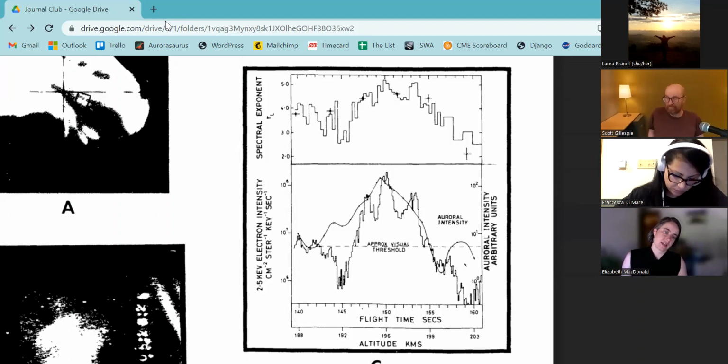The technical units are the number per square centimeter per steradian, which is an angular unit, we don't need to worry about that, per second, and also per keV. But basically it's just how intense the rain is. So it's a measure of flux.